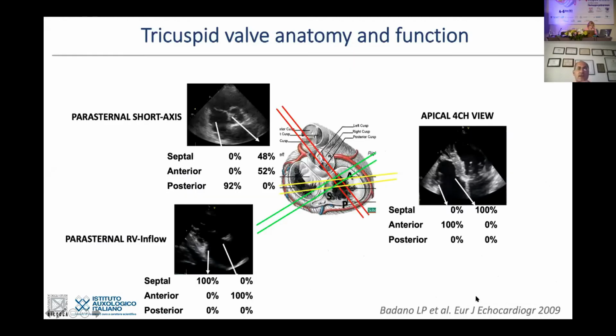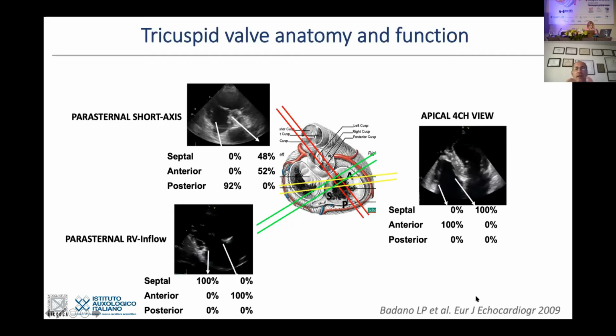One of the reasons is that with 2D echocardiography, differently from the mitral valve and the aortic valve that we have seen before, the tricuspid valve is not so easily studied. Independent of the approach, transthoracic or transesophageal, and of the view that you use, usually you don't see more than 2 of the 3 leaflets of the valve.